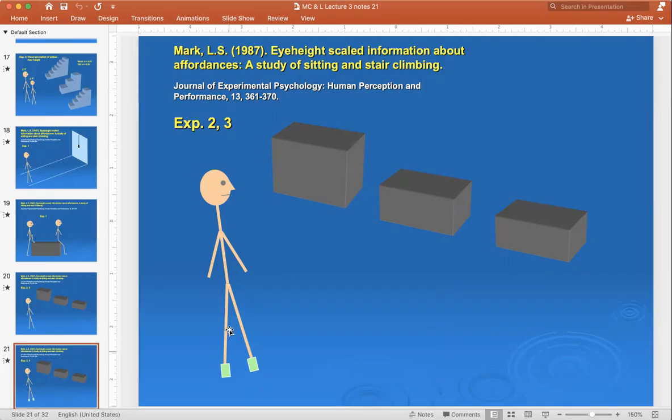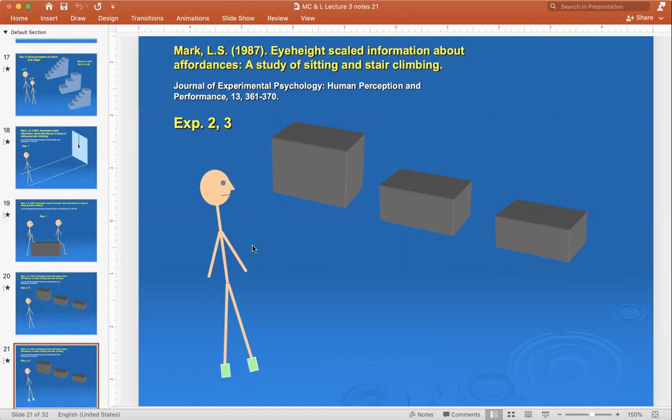And he was interested in seeing, would that change their perception of the world? Would that change their perception of the affordances of these seat heights? Initially, it did not change. Initially they picked the same box height they had picked earlier, when they didn't have the blocks on their feet.